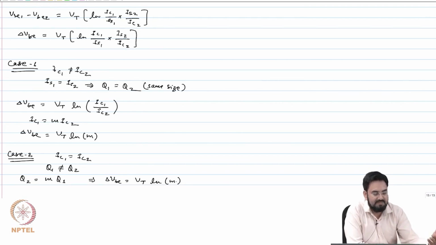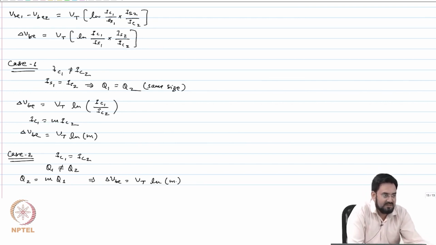So, that will become m times of your IS1, IS2 will become, and you will get the same expression.